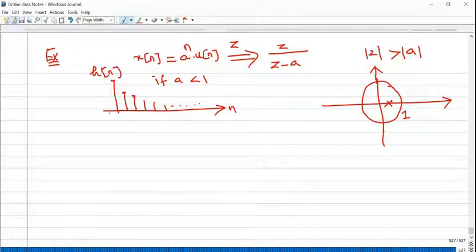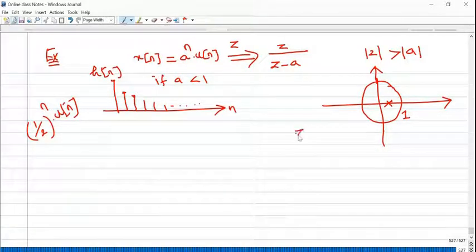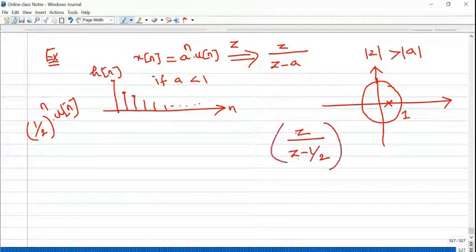This is in the time domain. For example, 1 by 2 power n u of n. What is the Z transform result? Z divided by Z minus 1 by 2, with pole at z equal to 1 by 2, which lies within the unity circle.